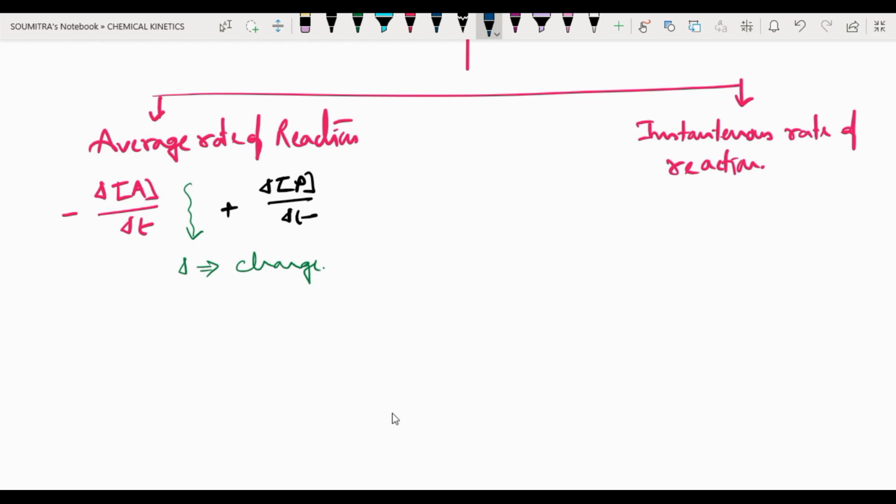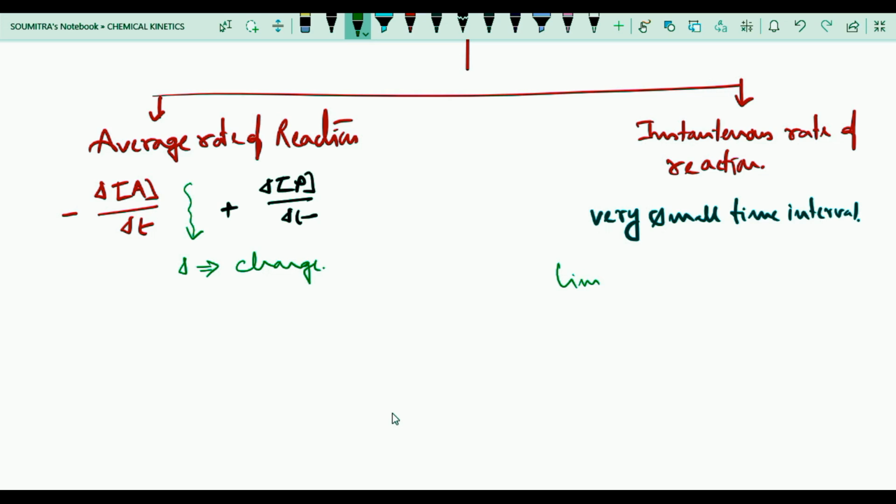But in case of instantaneous rate we take a very small time interval. As we know from the limit, that is limit delta T tends to 0, delta A divided by delta T, and this is the derivative.